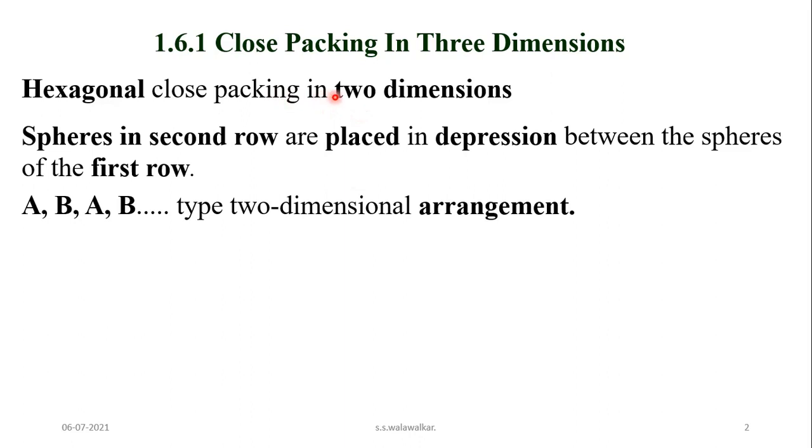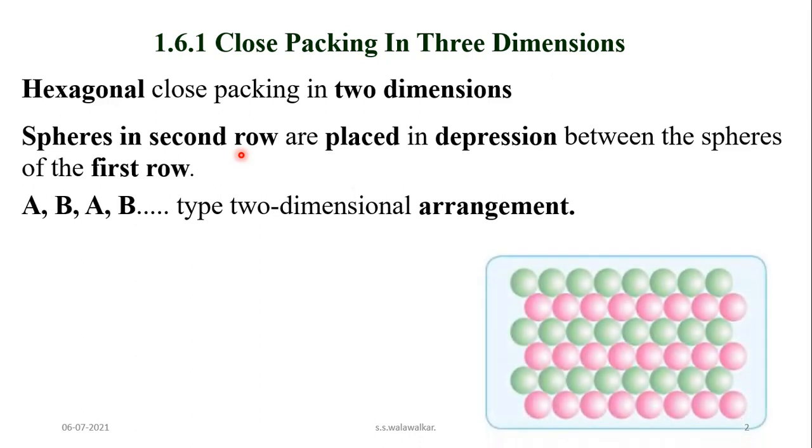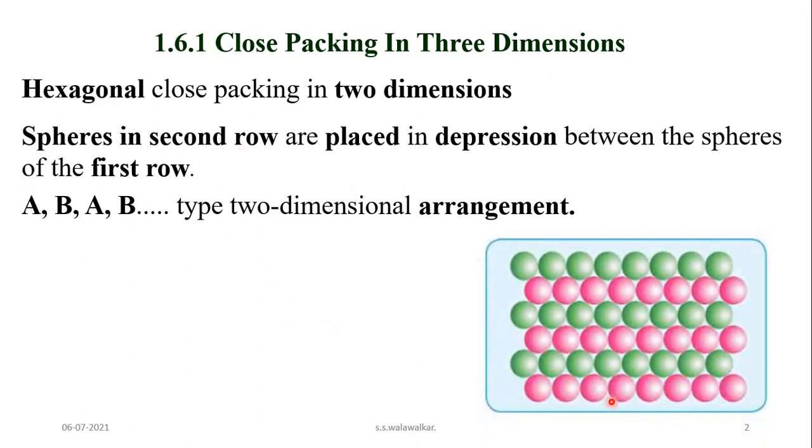In hexagonal close packing in 2 dimensions, see here, these are the rows of spheres arranged in 2 dimensions. The green colored spheres are the second row and the pink colored spheres are the first row.